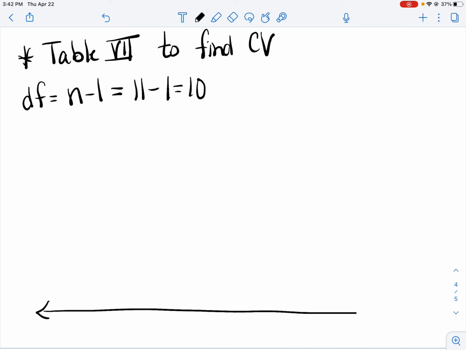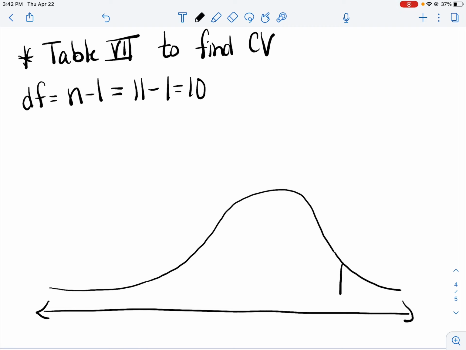Now, as I start to draw my picture this time, I have the not equal to, which is a two-tailed test. So I shade both tails. Now, alpha is the area in both tails.